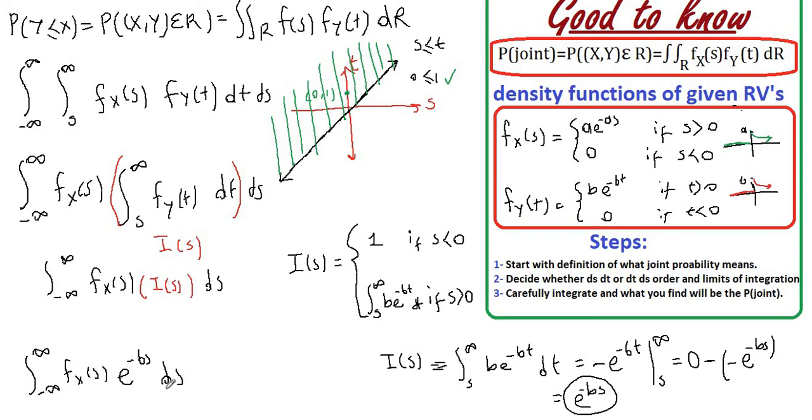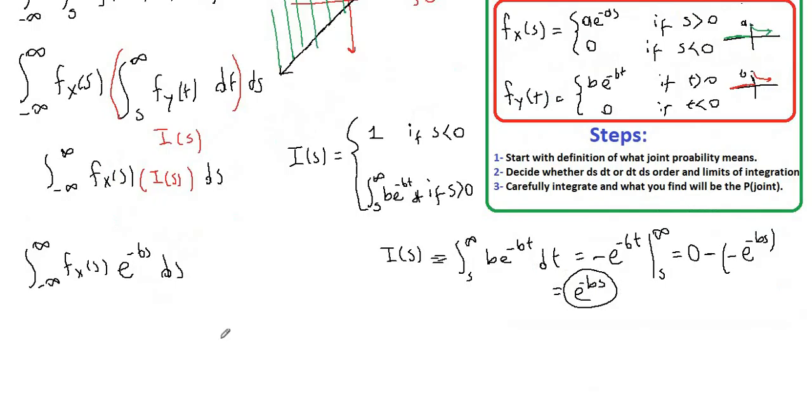Now we are going to decide what fx of s will be. We know that our density function for x is a e to the negative as if s is greater than 0, and 0 if s is less than 0. So our lower boundary is supported from 0 to infinity for exponential random variable.